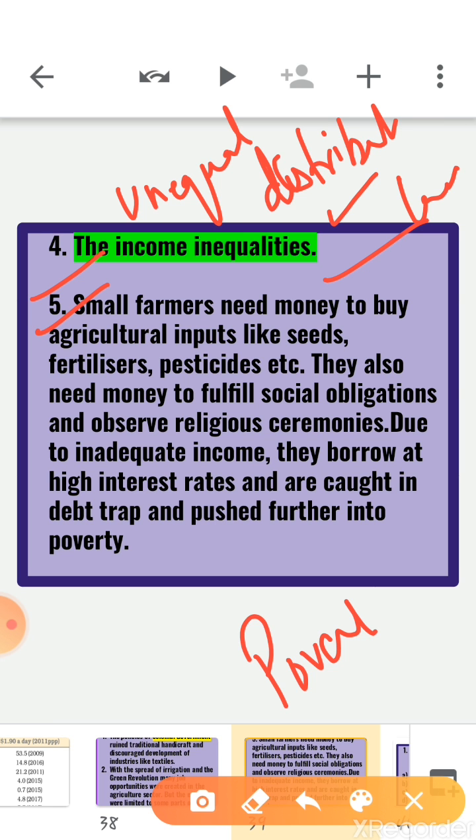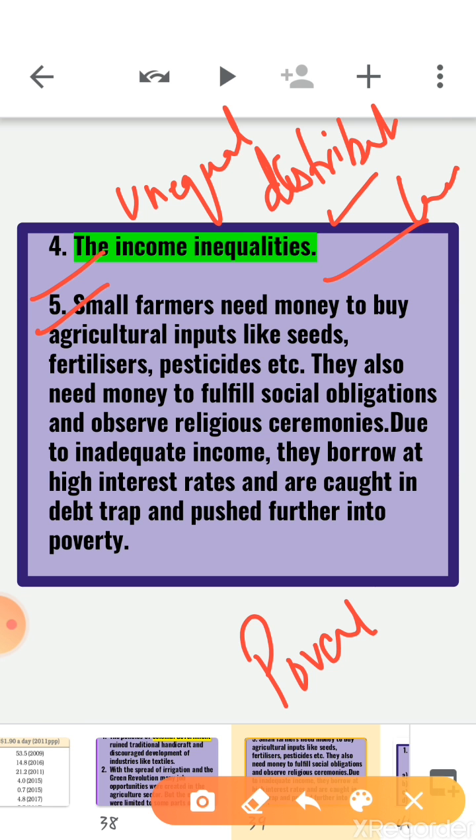Small farmers need money to buy agricultural inputs like seeds, fertilizers, pesticides, etc. Since poor people hardly have any savings, they borrow money and are unable to repay because of poverty. So they become victims of indebtedness. So the high level of indebtedness is both a cause and an effect of poverty.